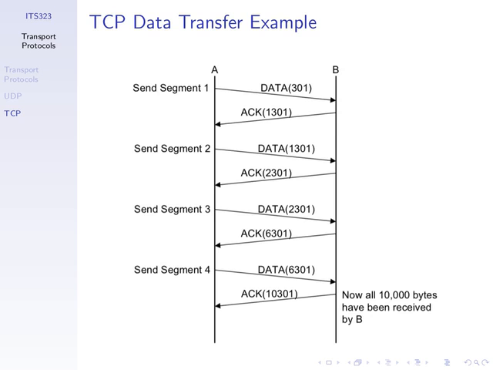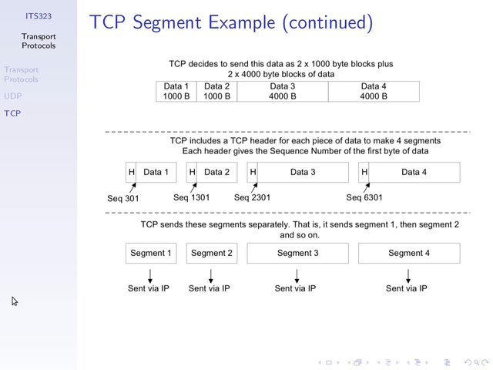Well, for this one, you said that the TCP header must be included with data, and then when it passes through the IP layer, does it have to include more layers, like the IP header? Yes, we've only shown what TCP does.